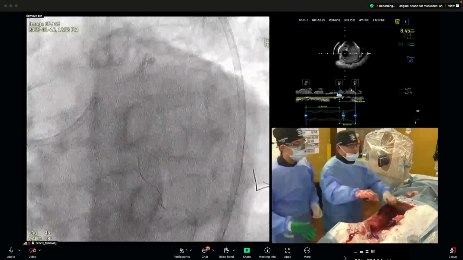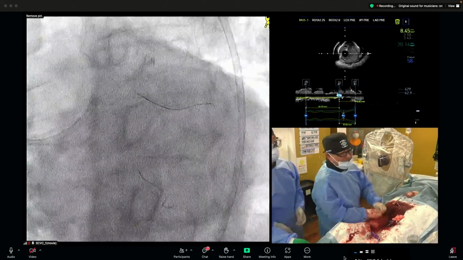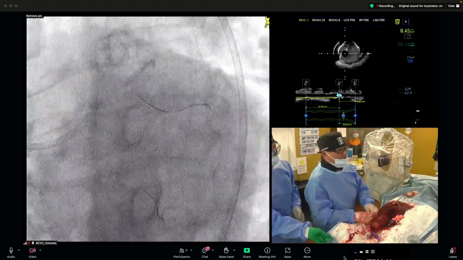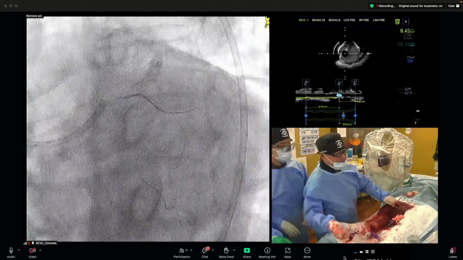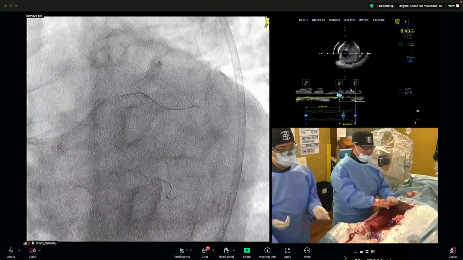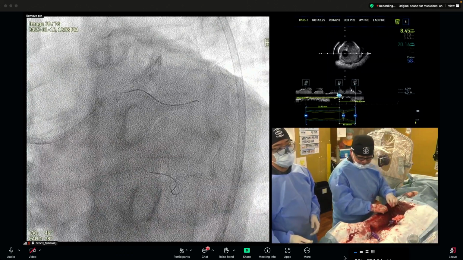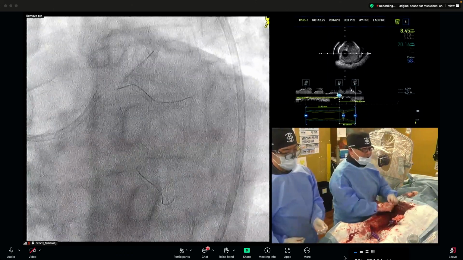Yes, I always use more than rated pressure because this is an unresolved region. It's severe calcification. If it is a non-calcified region, of course, I always follow the rated pressure. But this is a severe target.